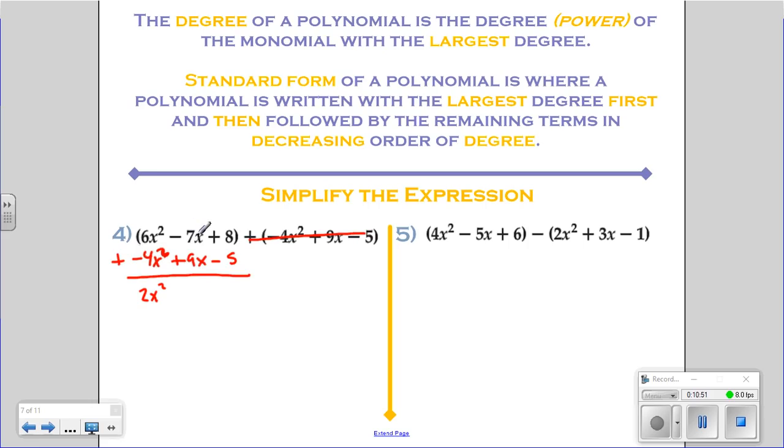Now I have negative 7x plus 9x is a plus 2x. Then positive 8 plus negative 5 is a plus 3. So this is my polynomial. It has a degree of 2 because 2 is the largest exponent.